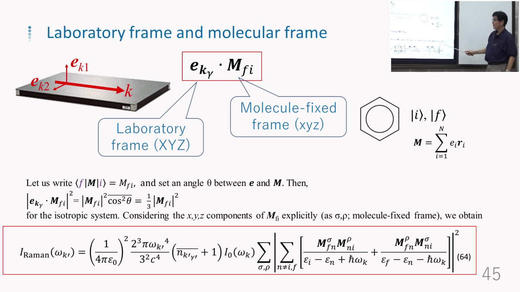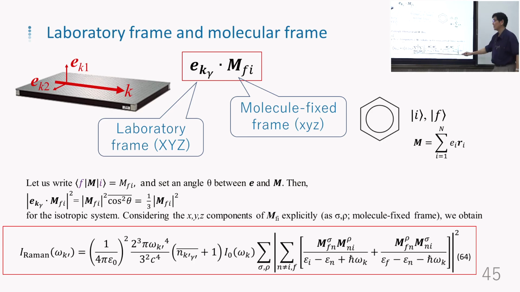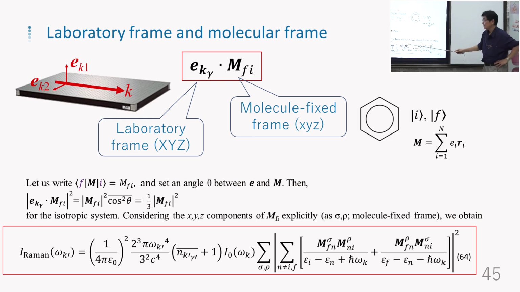Okay, so MFI is used as it is with the term of the spatial averaging, and Raman intensity is calculated from this equation. Okay, so here sigma and rho are introduced to indicate x, y, z in the molecule fixed frame.